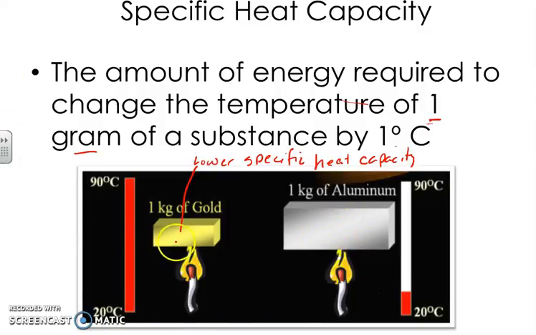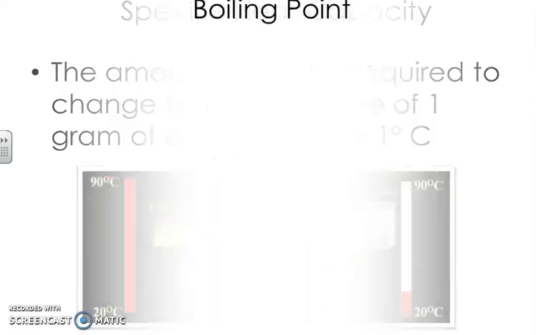And if we compare water to either of these, water is going to be significantly higher than either of them, again with the same amount. So 1 kilogram of water would require about 4 times the amount of heat as 1 kilogram of aluminum to change the temperature by 1 degree Celsius.